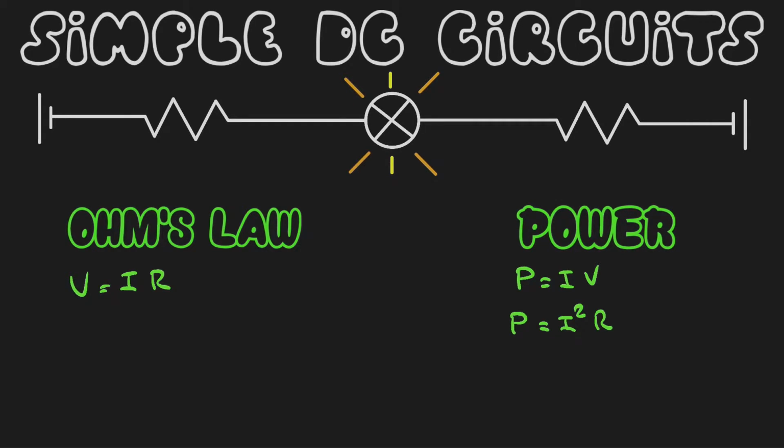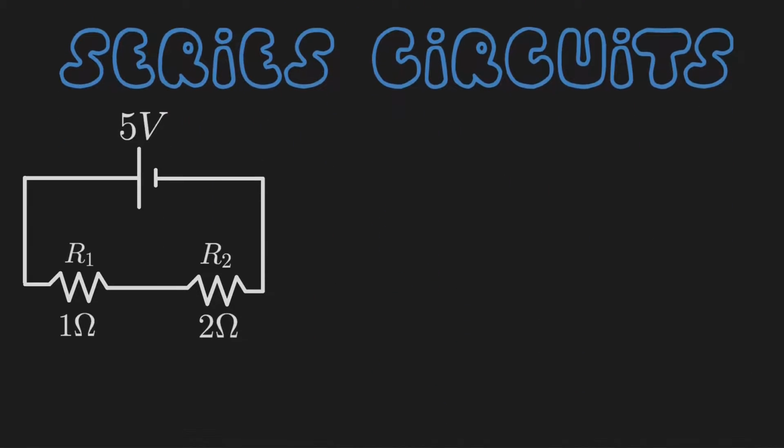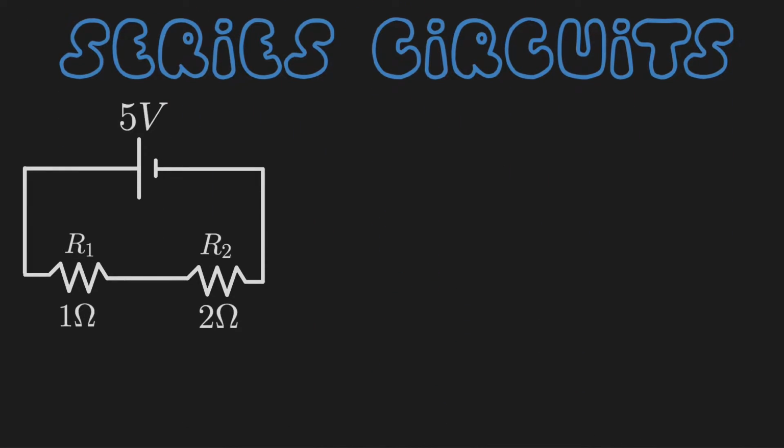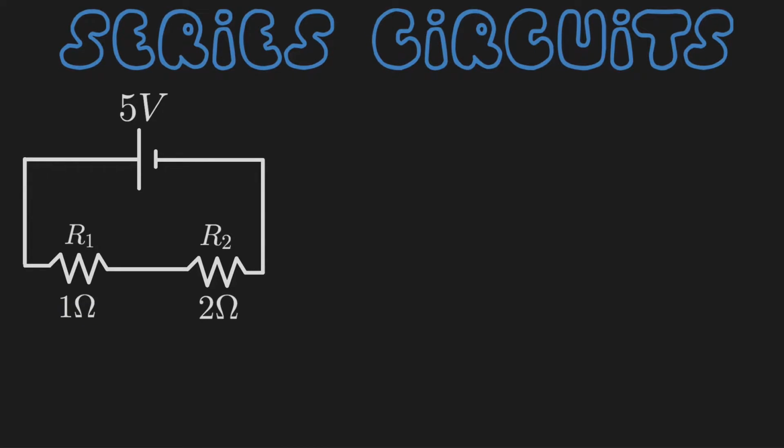So let's move on to our first example, which is a series circuit. In this circuit, you can see that there's a 5-volt supply. There is resistor 1, which is equal to 1 ohm. And there's resistor 2, which is equal to 2 ohms. Now, the first thing I like to do when calculating the results of this circuit is to first find the equivalent resistance.